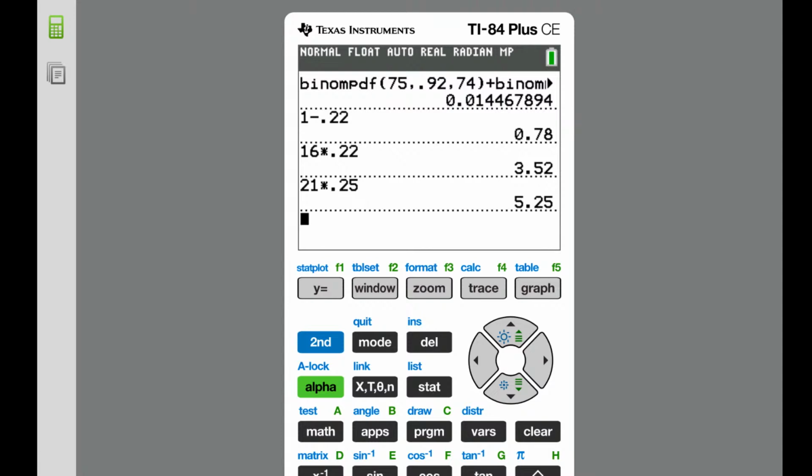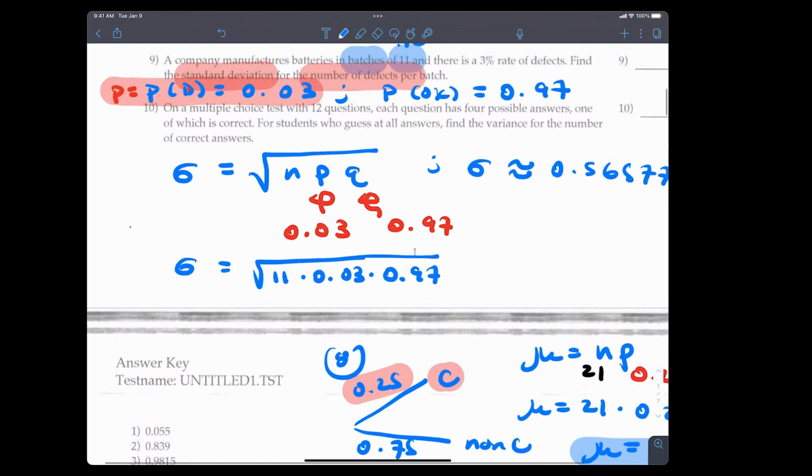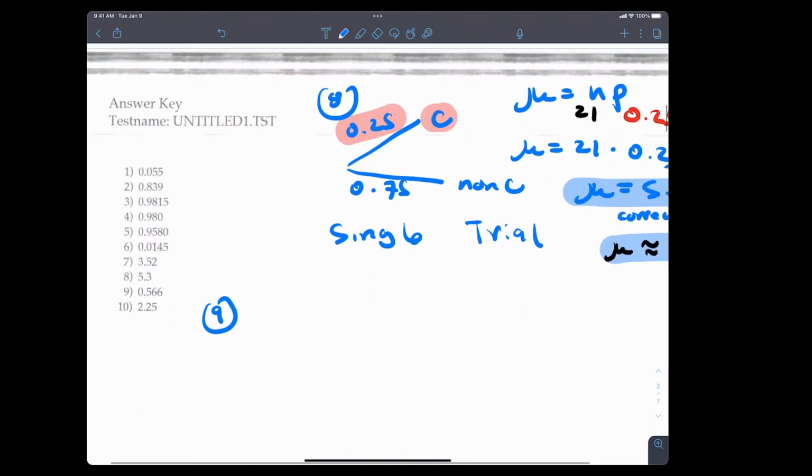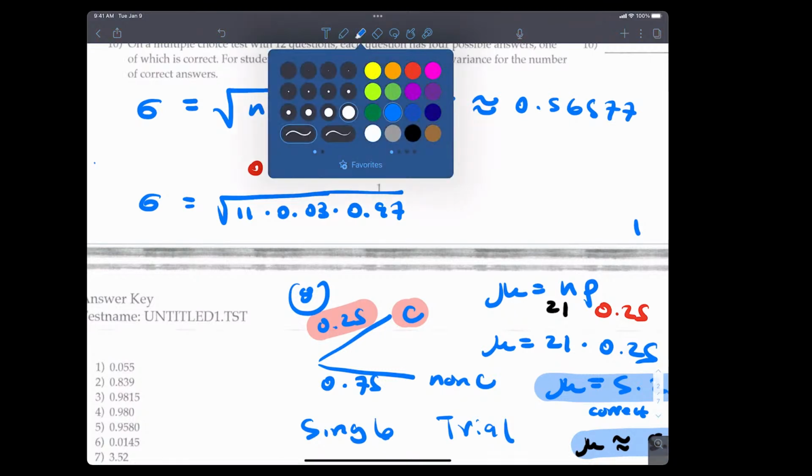So, clear. Second, square root. 11 times 0.03 times 0.97. And this is going to give us a decimal answer. But notice, 0.56577. I'll stop right there. I wonder for number 9, oh, they gave an answer there to the nearest thousandths. So what we'll do is give an answer to the thousandths.